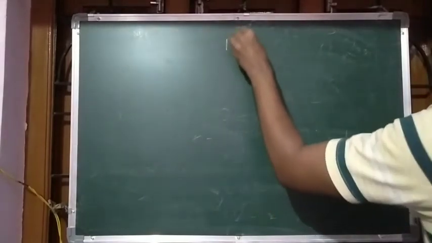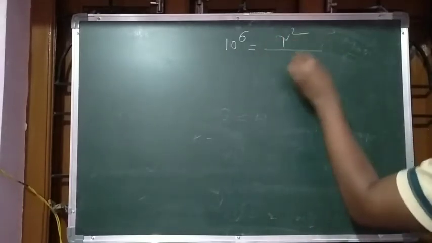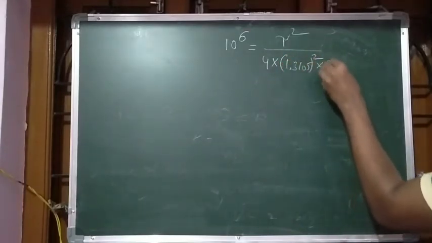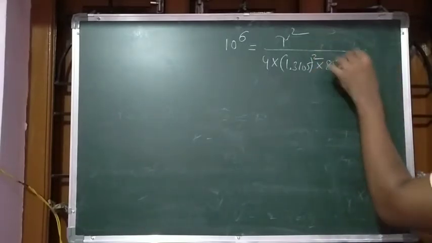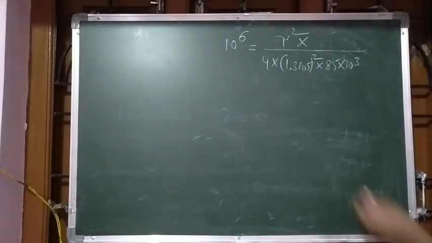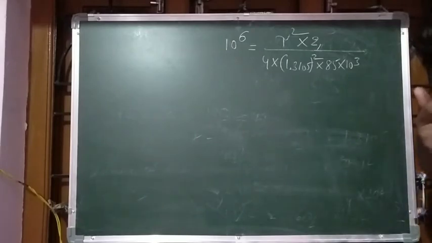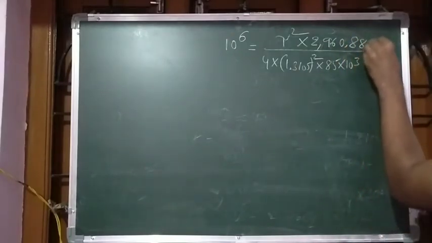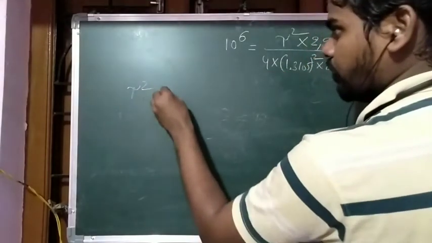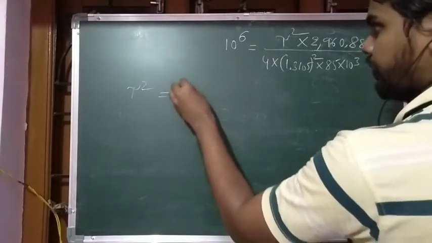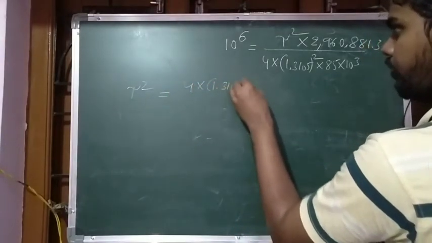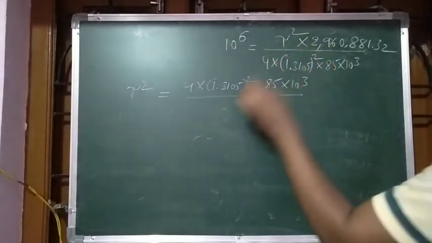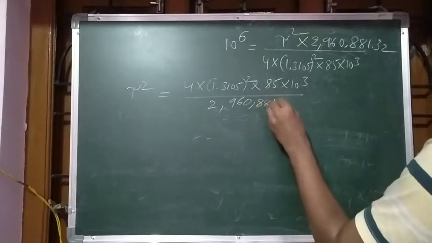U is equal to 10 power 6, which is equal to tau square, the maximum shear stress, divided by 4 into K square, the wall stress factor 1.3105 whole square, into G, which is 85 into 10 cube Newton per mm square, into the volume 2960881.32. Now rearrange the terms: tau square is equal to 4 into 1.3105 whole square into 85 into 10 cube divided by 2960881.32.